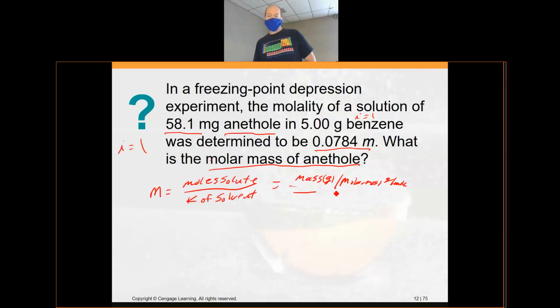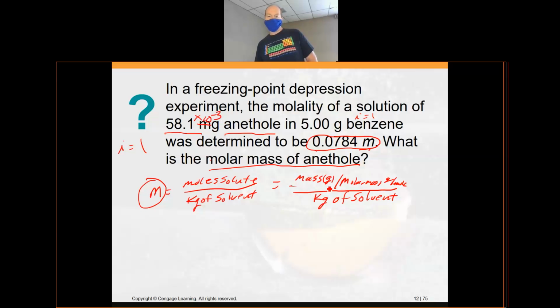All right, and then here we just simply need kilograms of solvent. So we have one unknown. We have the molality. They give it to us. It's right here, so we know this number. The mass is how much we added here. We just got to get rid of that and put times 10 to the minus 3.